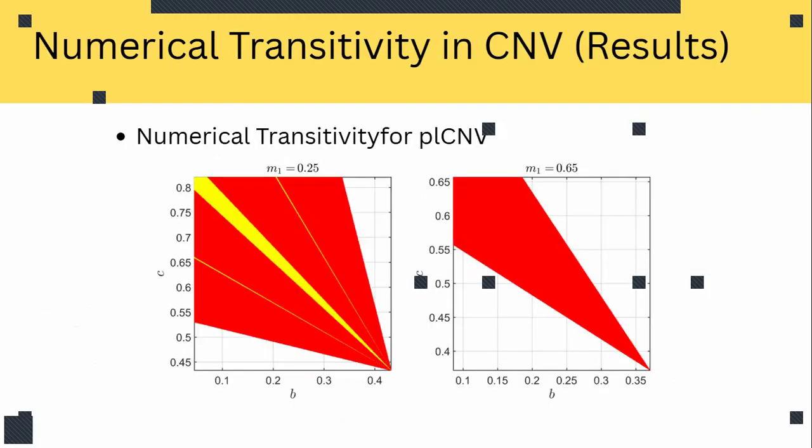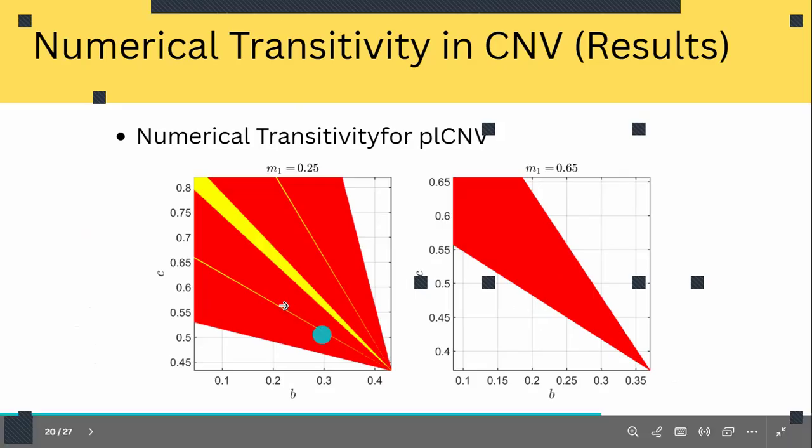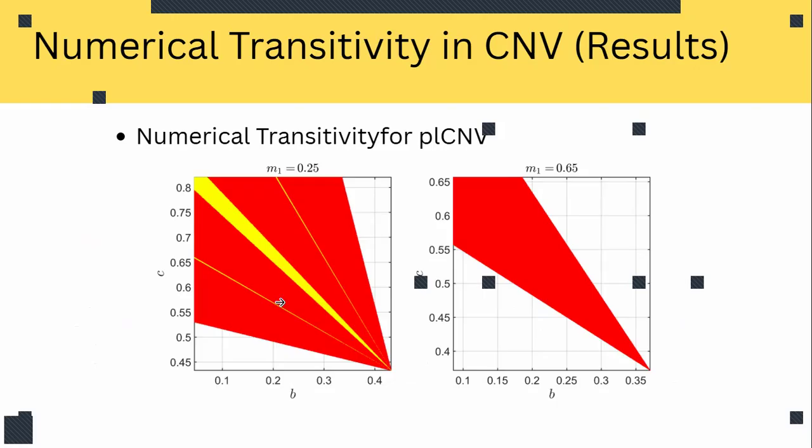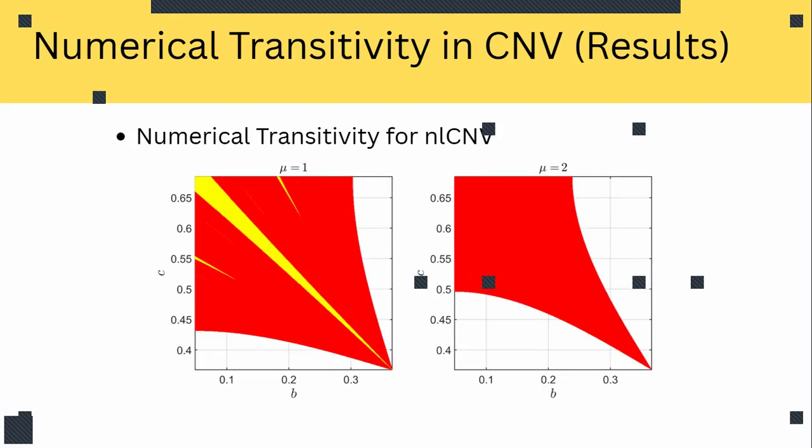Numerical transitivity in CNV, these are the results. So here the red points are where it is following numerical transitivity. This is for piecewise linear CNV. As you can see, the lines are linear. And this is for the non-linear case.